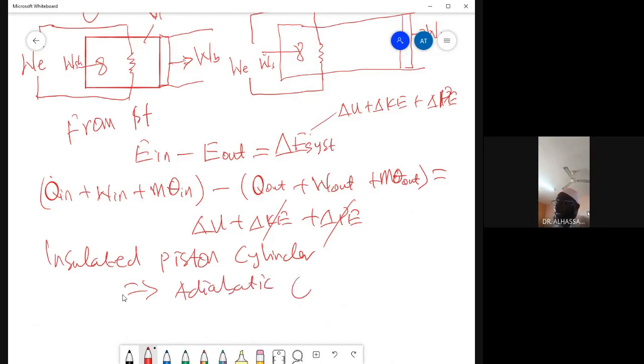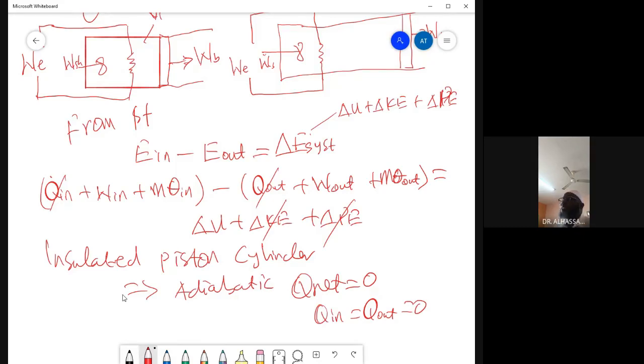If it's adiabatic, then it means the net heat should be equal to 0. So Q in and Q out equal 0. There is no heat input.